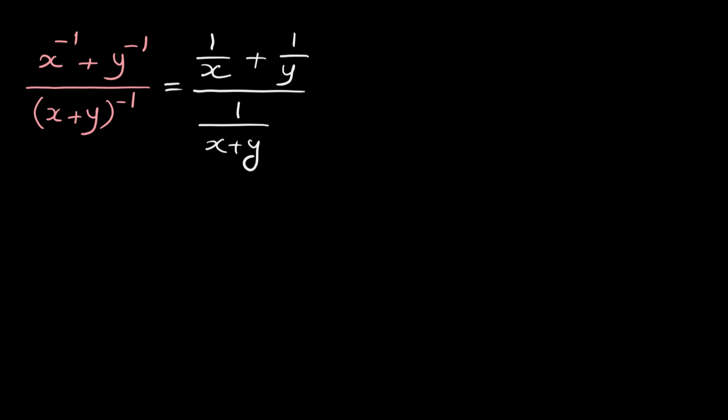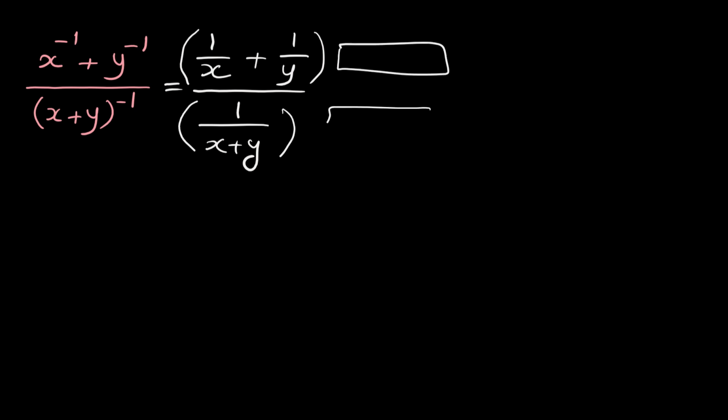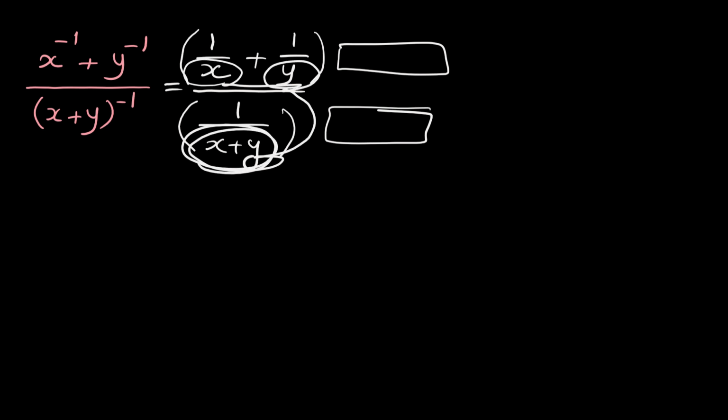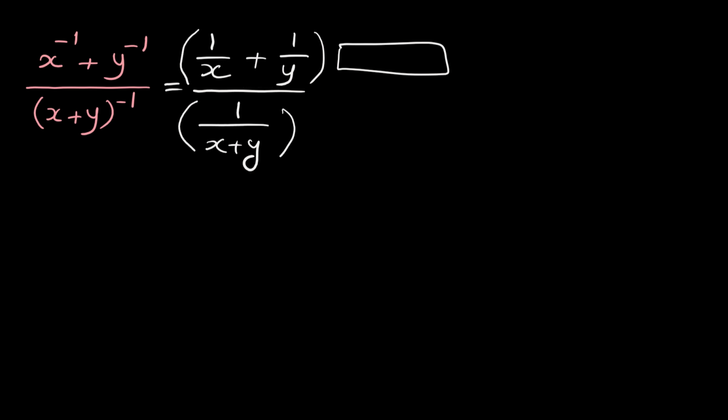We can see that we have three different denominators. If we want to use the first method, then we have to multiply the numerator and denominator by an expression that can help us to eliminate x, eliminate y, and eliminate x plus y. What would be that expression?